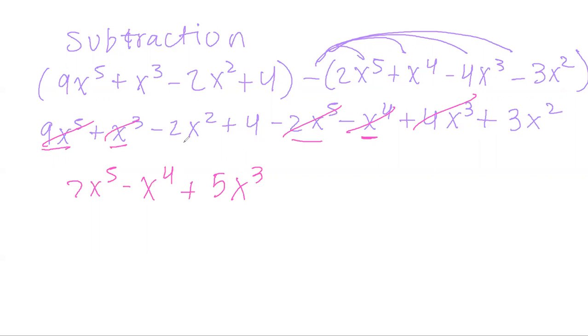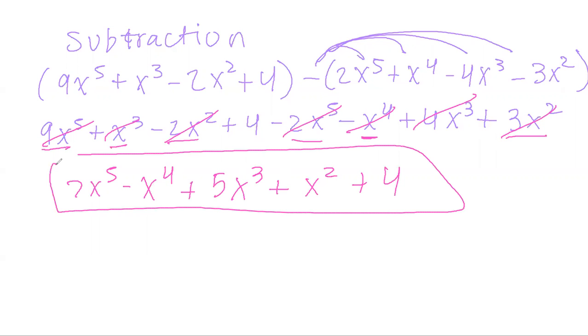And then negative 2x squared plus 3x squared, so that's negative 2 plus 3, which is plus x squared, and plus 4. So again, not too different from addition, it's just we need to do that step first, just to make sure we're subtracting it properly, because it's very easy to get that messed up.